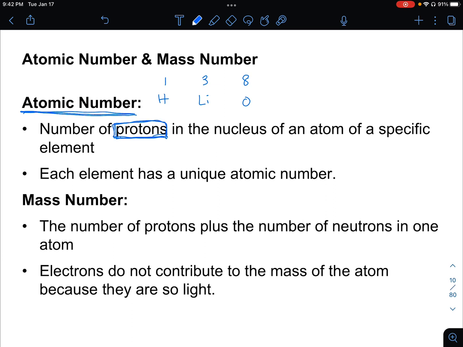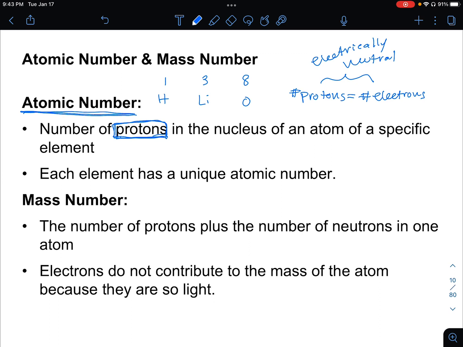As I said, if we have the same number of protons as electrons, then we have an electrically neutral element. We have an electrically neutral atom. But the neutrons can change their number without changing the chemical.